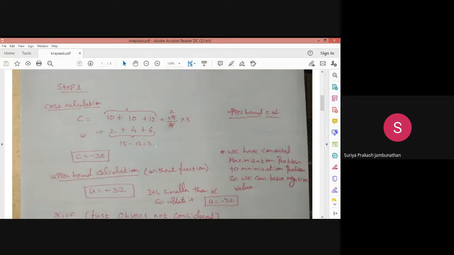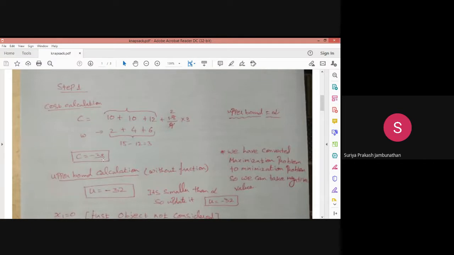So we take 3 kg from the fourth object: 18 divided by 9, into 3. That gives 2 into 3, which is 6. So the cost is C equal to minus 38.